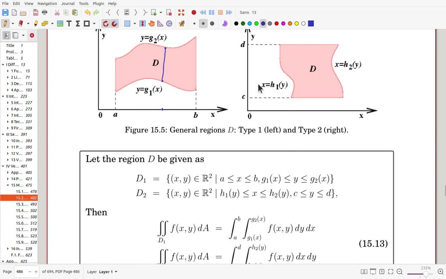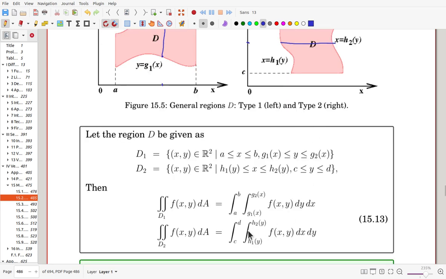The other case, now y is moving from C to D, and for each y, x is from h1 of y to h2 of y. So we can cover the domain horizontally, like that. The corresponding integral is given in this way.